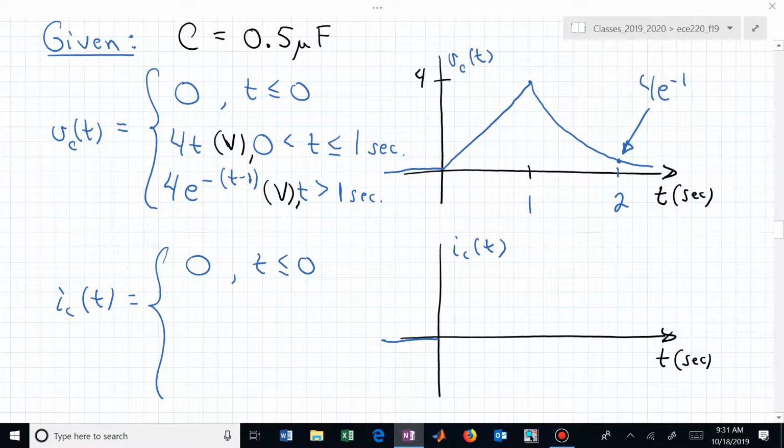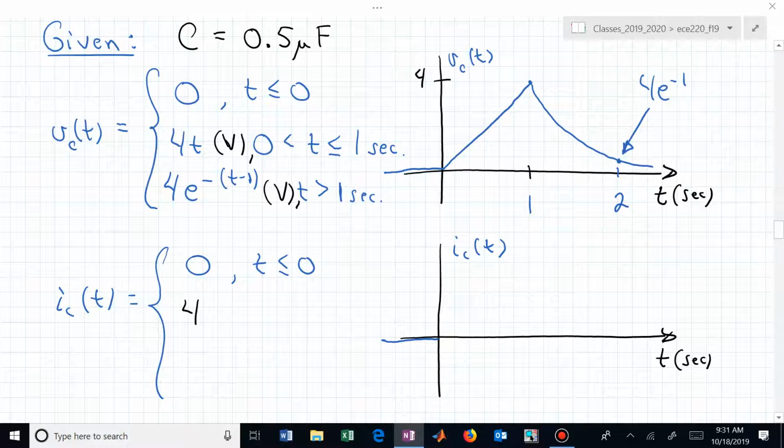What's the second piece going to be? Between 0 and 1. Is it 4? I differentiated current.